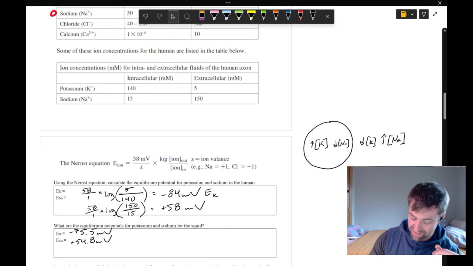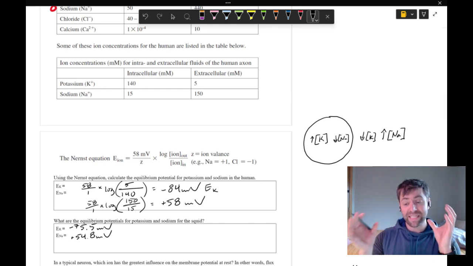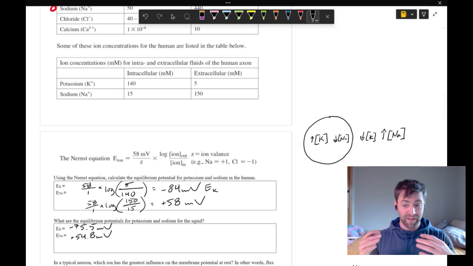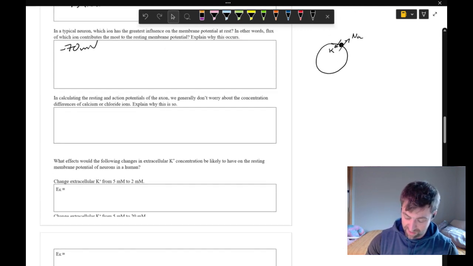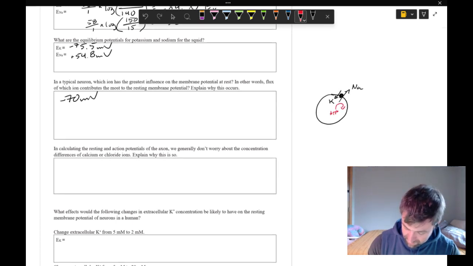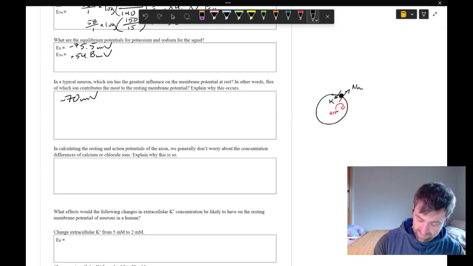So left to its own devices, sodium would want to move into the cell, and potassium would want to move out to equalize their concentrations. But if we do that, then we have a net neutral membrane with no difference across it, and this behavior would not be possible. And so thanks to sodium potassium ATPase, we can move them against their concentration gradients and maintain this gradient.